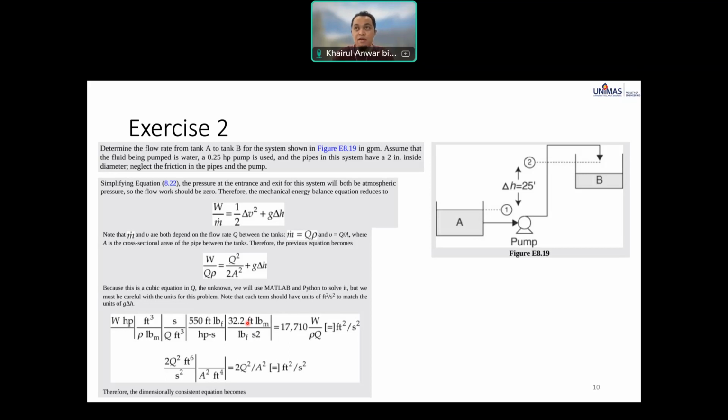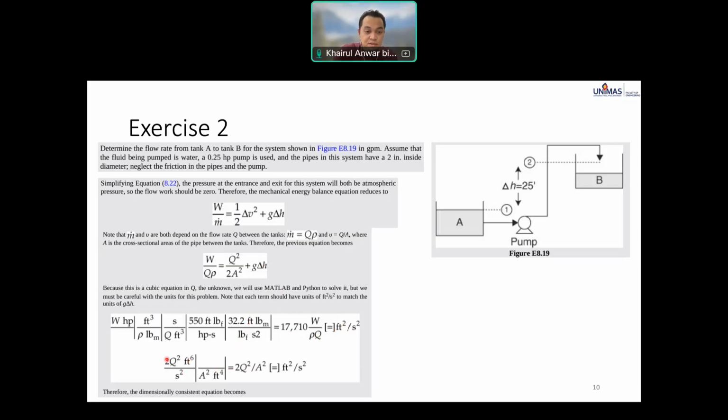In the example they didn't use the gravitational constant, but in American units here, it is used. The purpose is to make sure the unit is equivalent to g delta H.